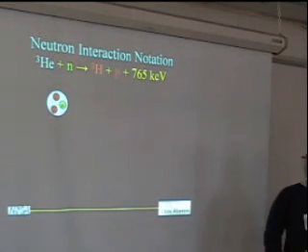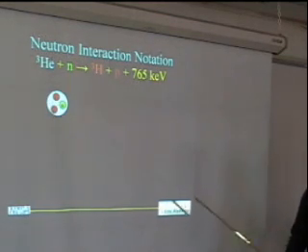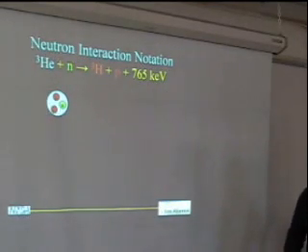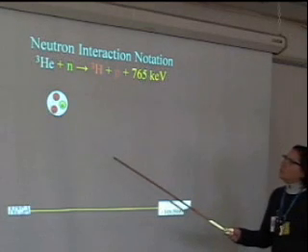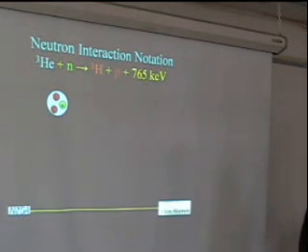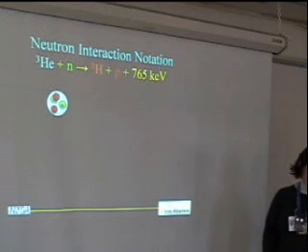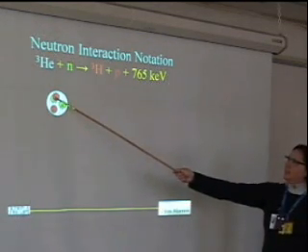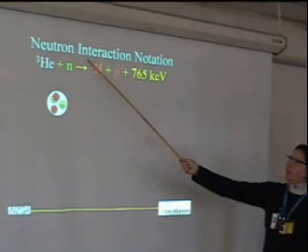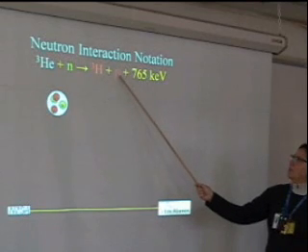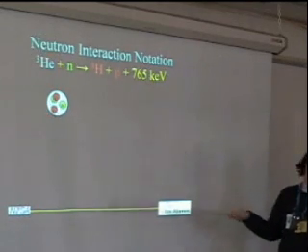I just want to familiarize you first with some notation that we use for neutron interactions. Consider the interaction where you have a neutron coming in to helium-3, and then the proton goes flying out, and you end up with a triton and a proton and some kinetic energy.